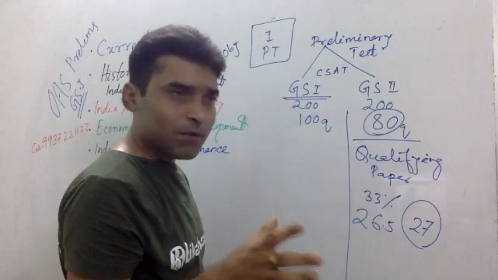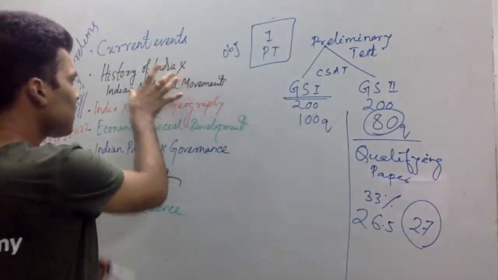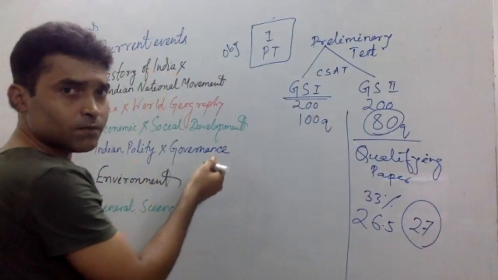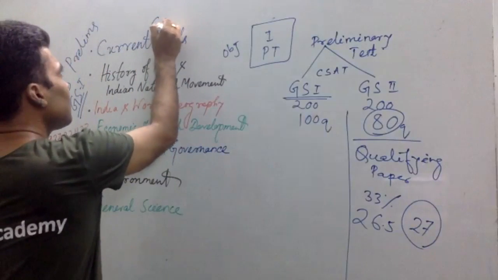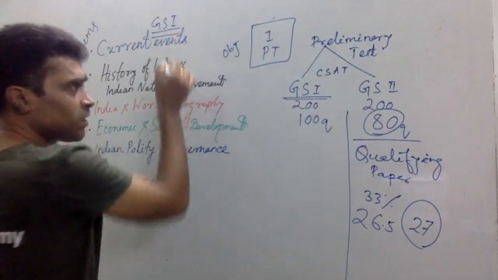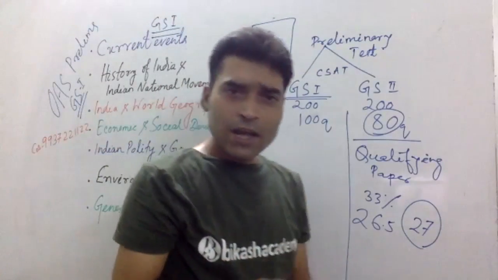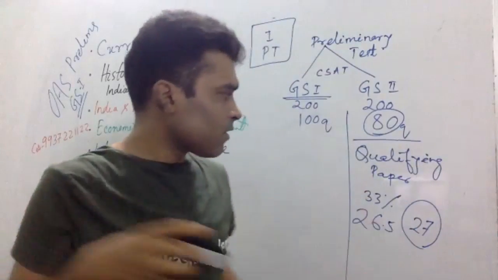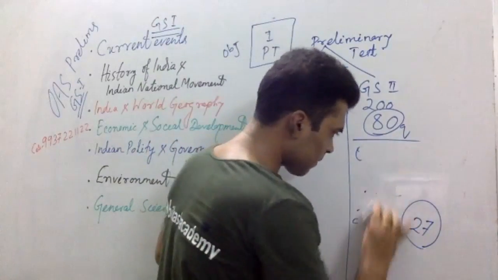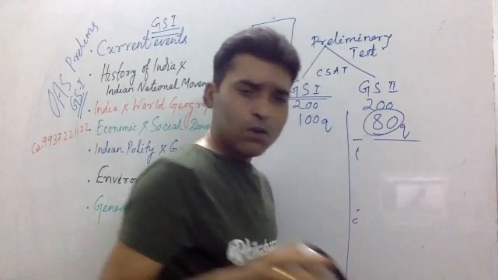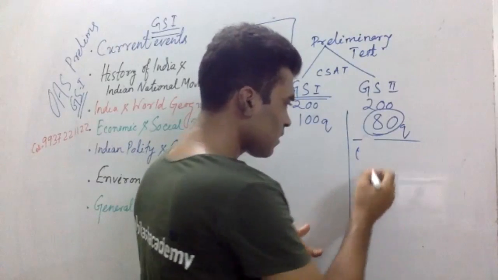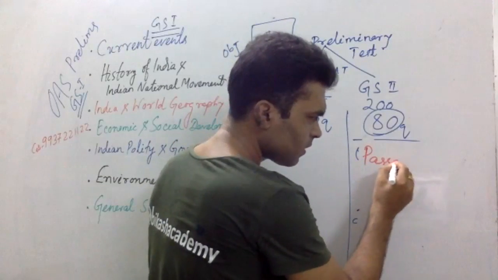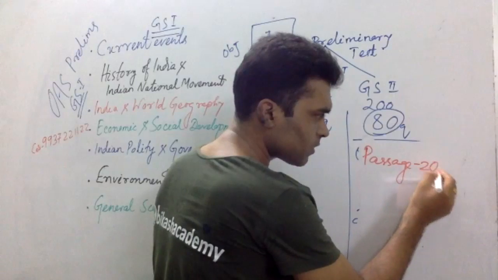Now I'll talk about the syllabus. The Paper 1 syllabus is here, and I will explain it, but first I'll focus a few minutes on this qualifying paper. What is there in this paper? Usually you'll get a passage with about 20 questions.